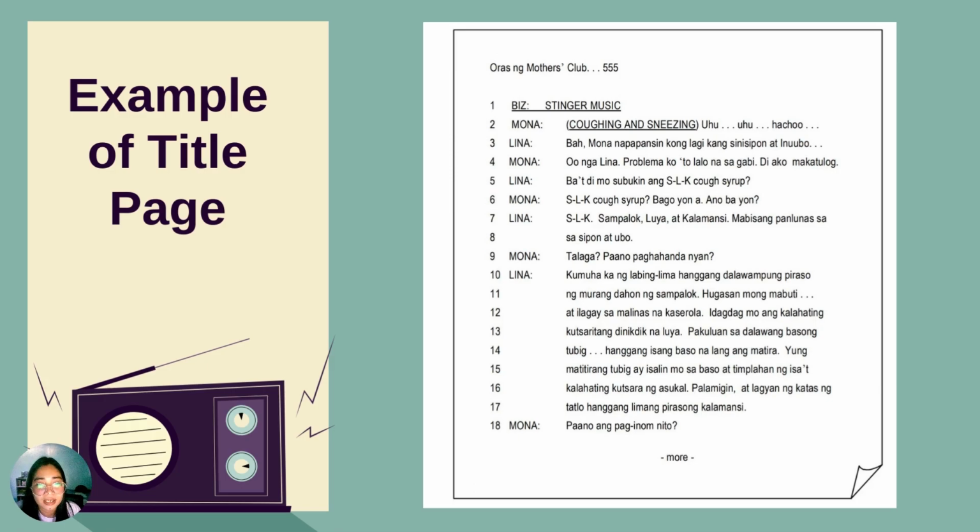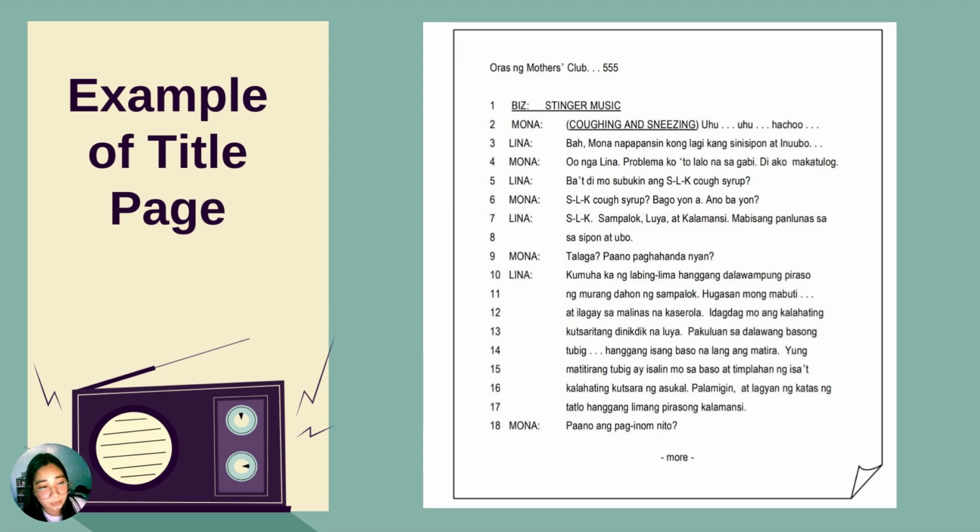For the body of the script, we have here on the upper left hand corner of the page the title of the program, which is Oras ng Mothers Club, and its page number, which is separated by dots.